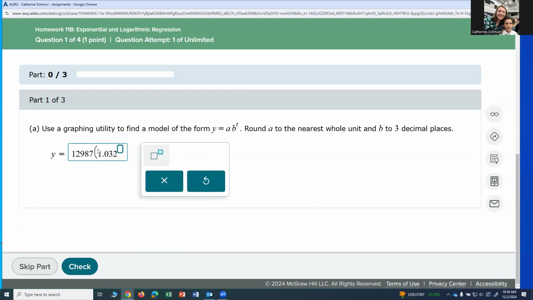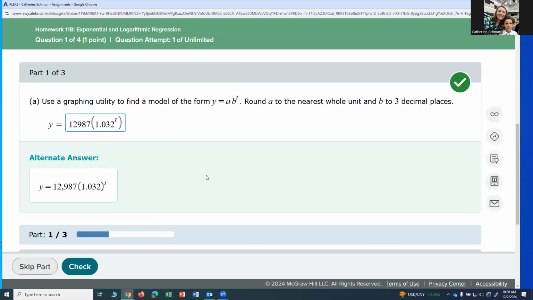And it will be to the T power. I don't want to use an X because they say to use T. And I've got my equation. Now they're saying the alternate answer could have a comma in there because it's 12,987. So you could put a comma in there, but Desmos does not want the commas in there.